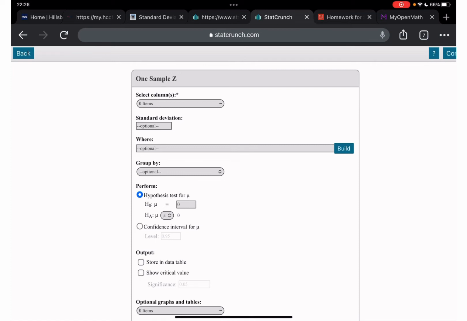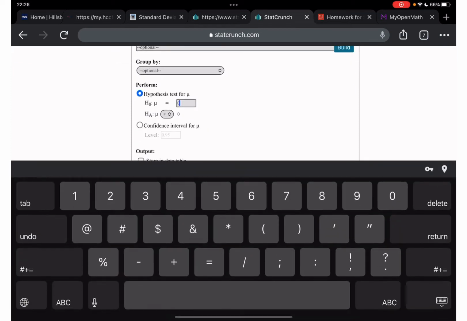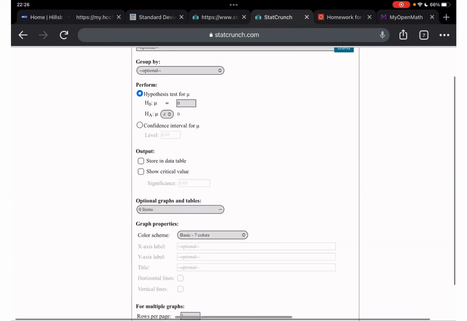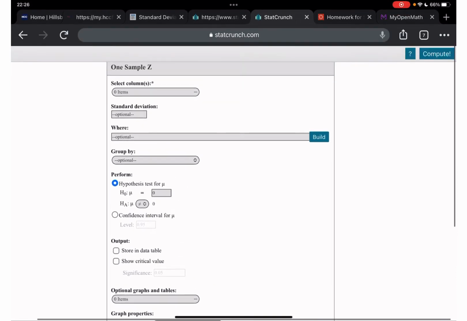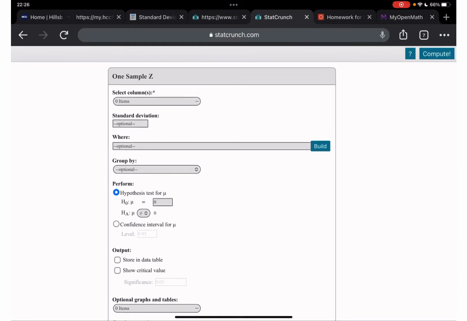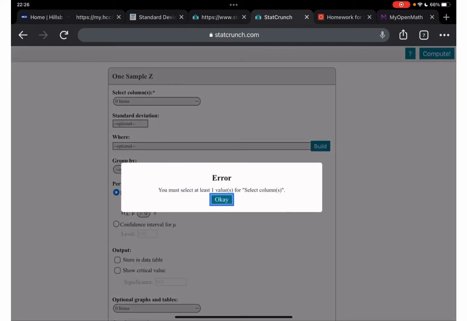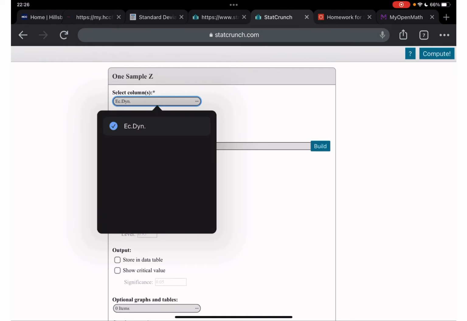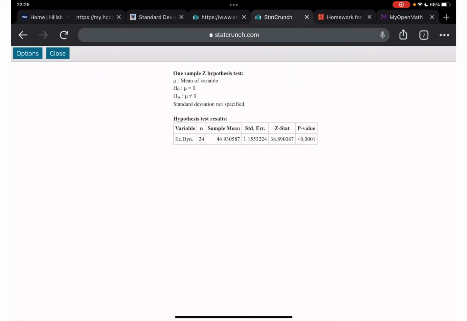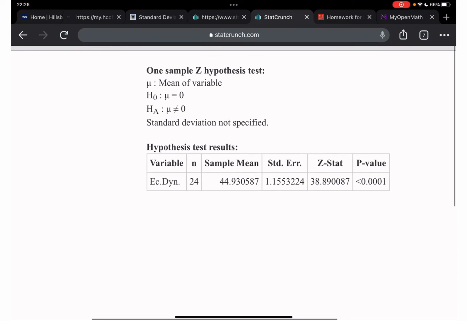And this way also, mu, I don't know how much it was. You place the mu, how much it is, equal and greater than. Once you click compute, here it's going to work with mu as 0, but that's okay. Select column, I forgot. Okay, complete it. And here we got now the z-score hypothesis test. Now these data are not true because I didn't place the average mean for the population.